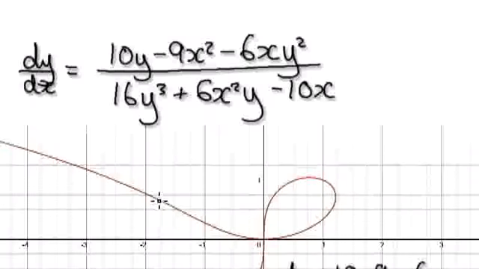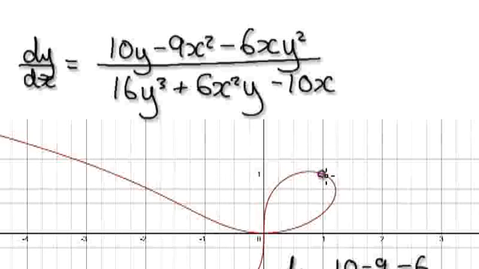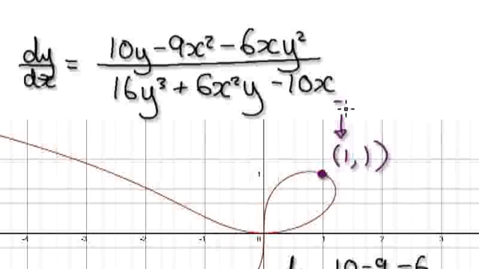You can now work out the gradient at this point. At this point it's going to be 1, 1. Remember, this is your x, this is your y.